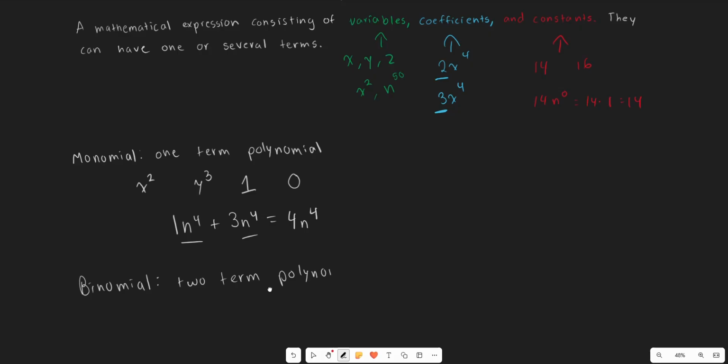For example, we have x to the 7 plus y to the 7. They have the same power, but they're not the same variable, so you have to leave it like that. You can't simplify this any further, and it's a 2-term polynomial. There's 2 terms separated by the operation, which is addition, and that's just called a binomial.